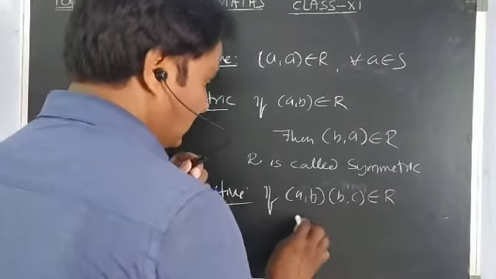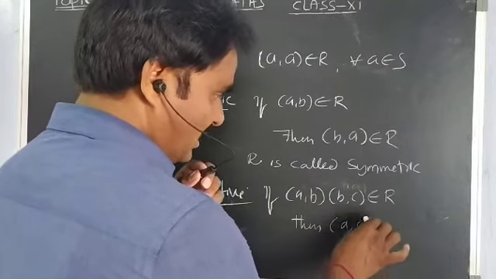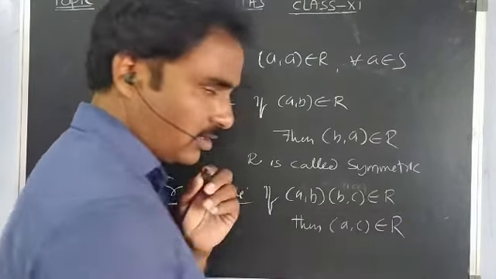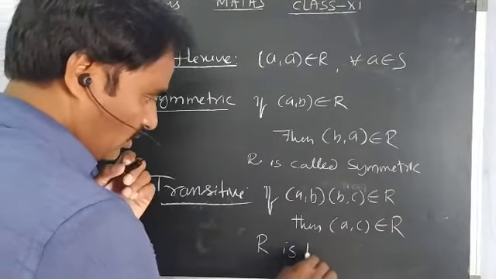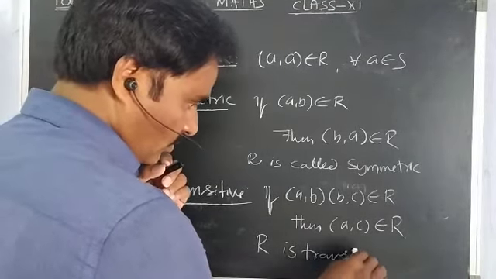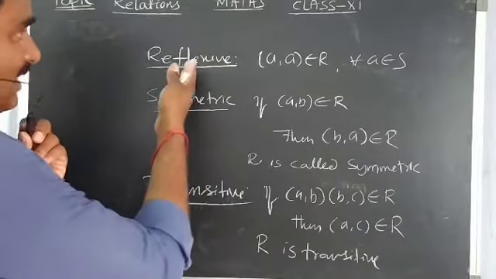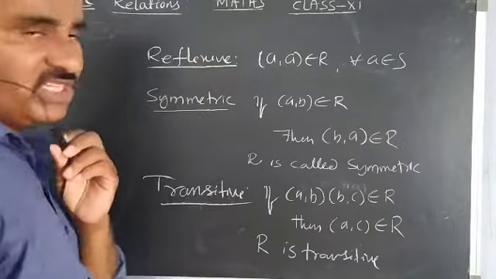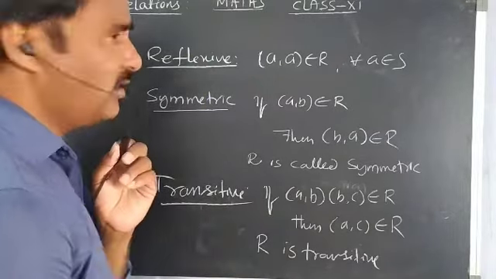If this type of ordered pairs exist, then remove this b and b, and construct a new ordered pair (a, c), which also belongs to R. Then only we can say R is transitive. So as in the last class we studied these three definitions: reflexive, symmetric, and transitive, and I gave one or two examples. Today also we are going to discuss some examples on reflexive, symmetric, transitive.